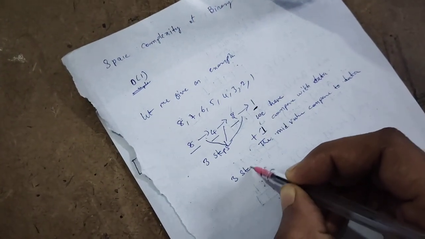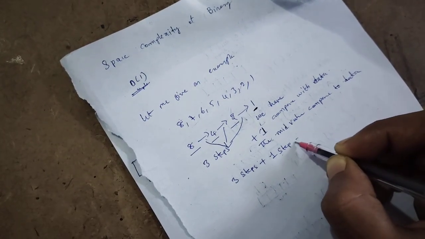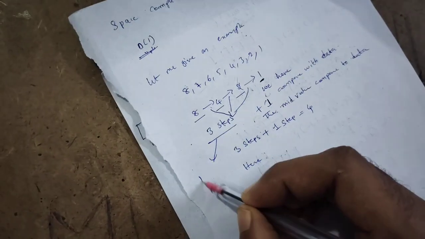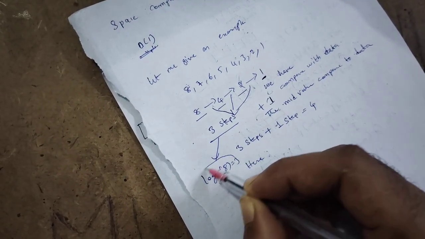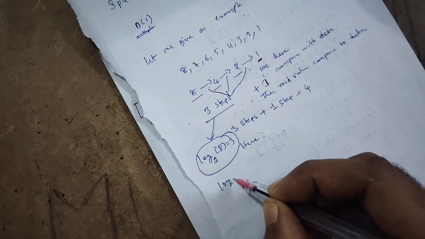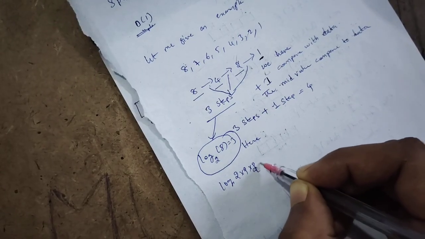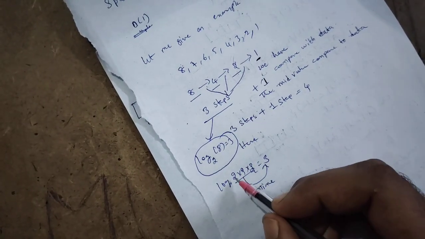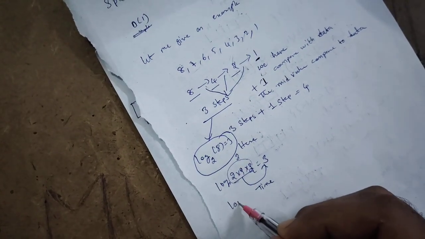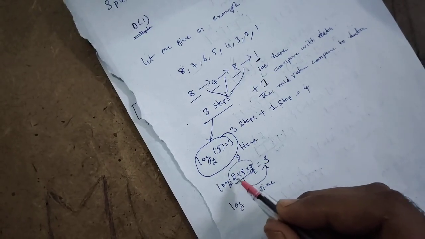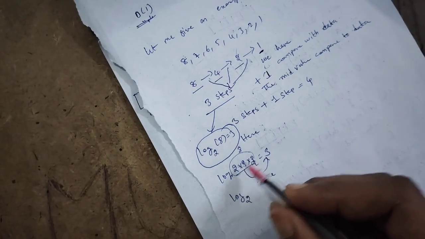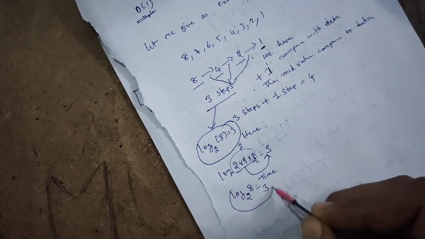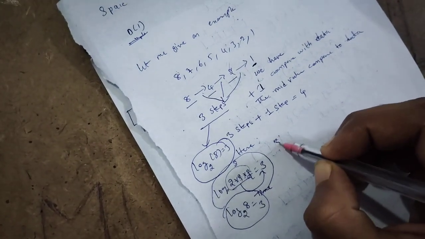So 3 steps plus 1 step equals 4. This is written as log base 2 of 8 equals 3, because 2 into 2 into 2 equals 8, three times. The base is 2, so this is how you understand the algorithm. So this is 3 plus 1 equals 4.